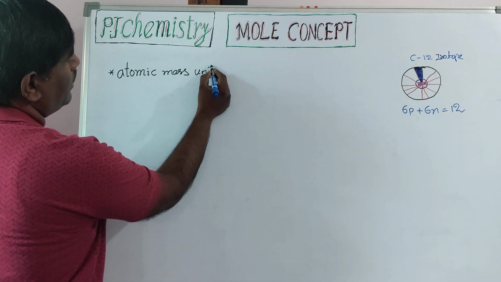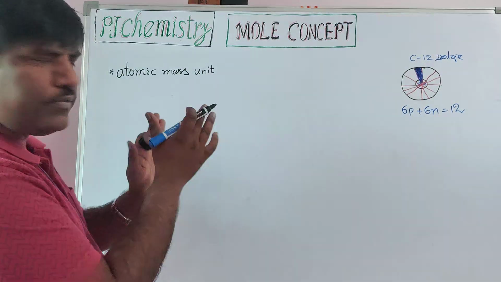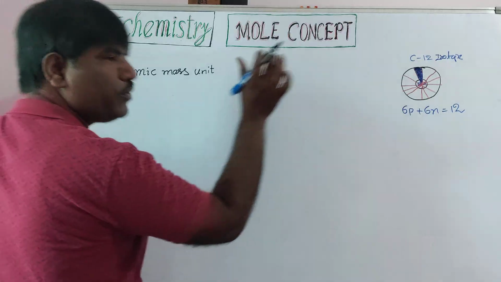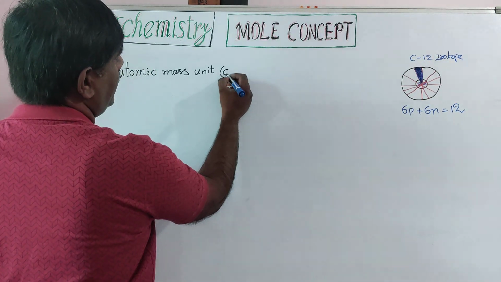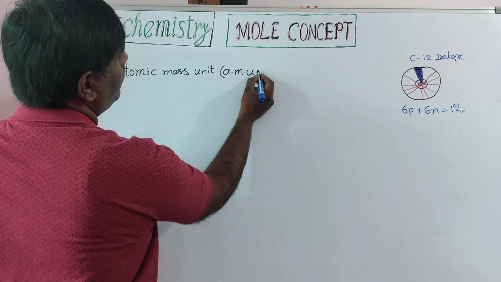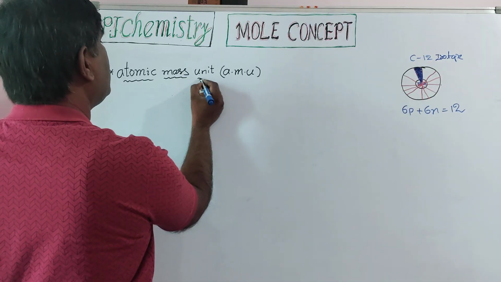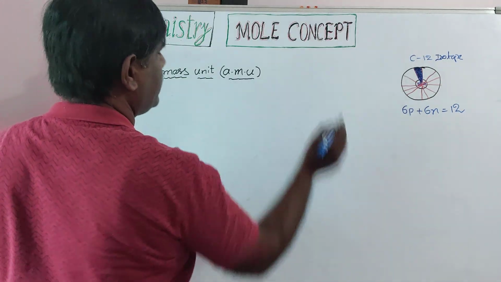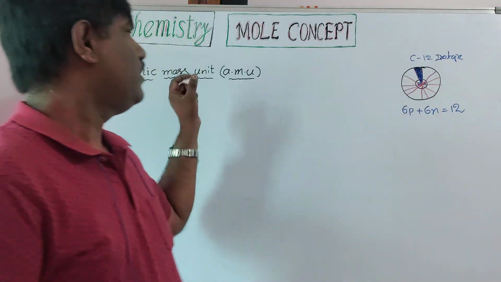Okay, total atomic mass we divided into 12 units. Not one of the units, 1 by 12th part we used to call AMU, atomic mass unit. So, what is the definition for atomic mass unit?